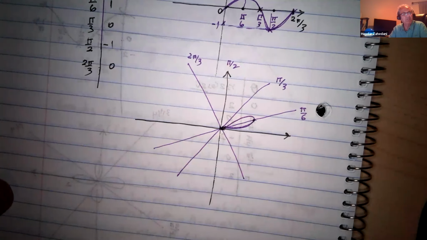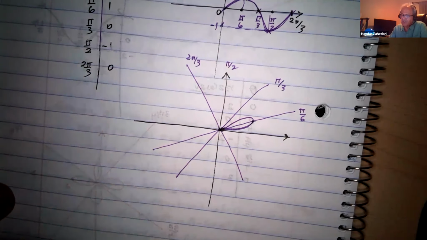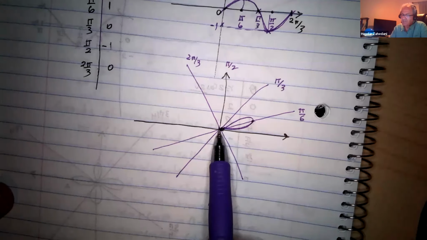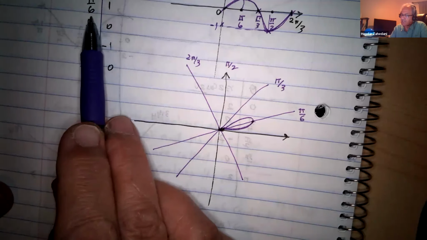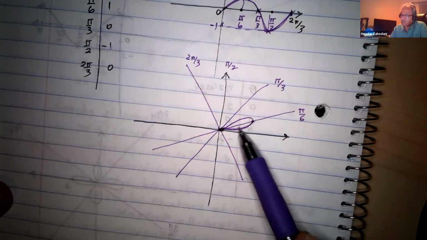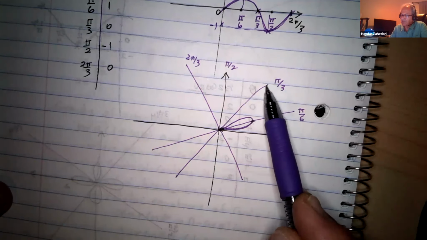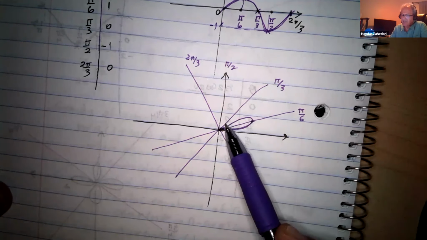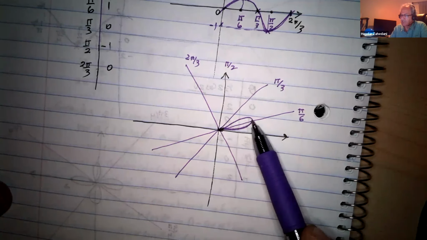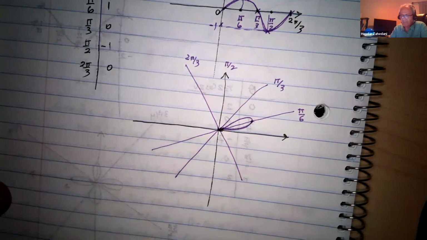That would be one petal. I start with the origin, then at pi/6 I get to 1. So I connect the origin to 1. Then I pick the second point, pi/3. In the case of pi/3, I get 0, so I get back to 0 here.